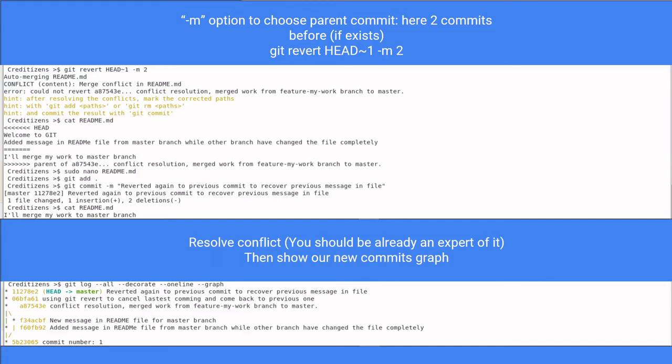Then I'm gonna just show you the new graph down there. So git log with the option --graph. And you see here we have all the messages saying that we're using git revert to cancel the latest commit. And now we revert it again to previous commit to recover the previous message. So use those messages, it's very important.